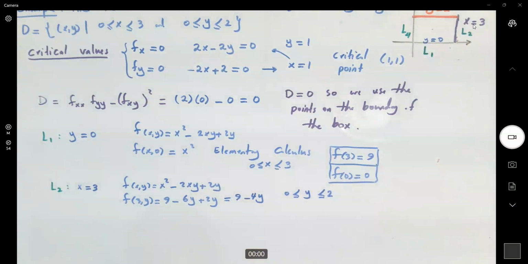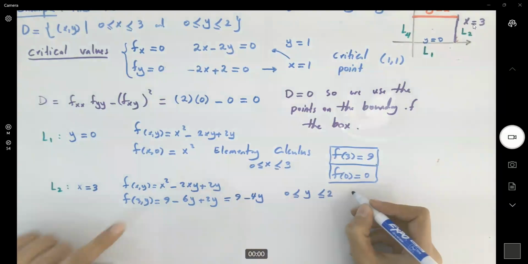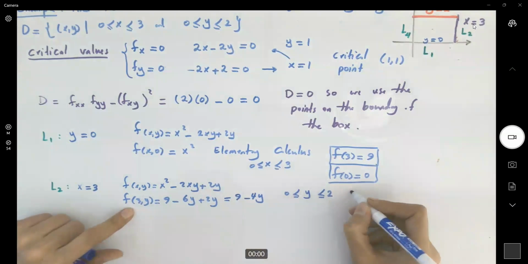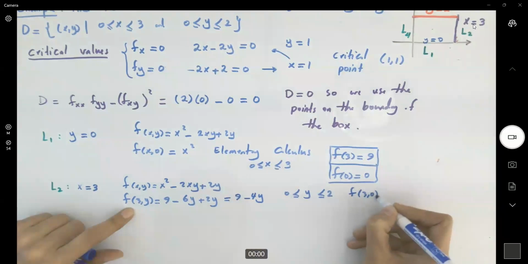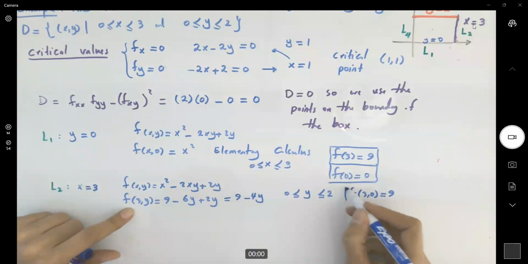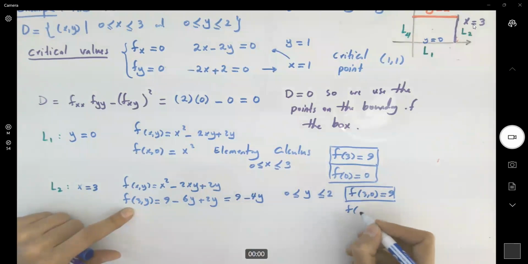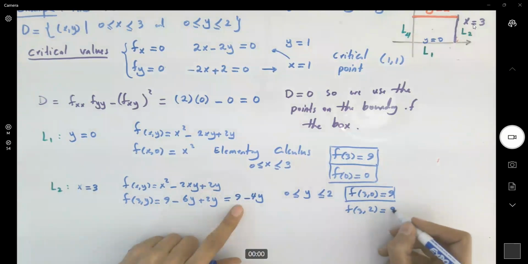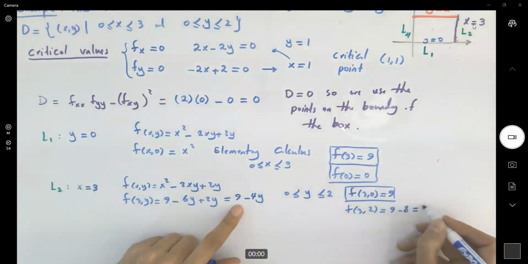Very good. So if you plug in 0, you get f of 3 and 0, which is equal to 9. If you plug in 2, f of 3 and 2 is equal to 9 minus 8, which is 1.